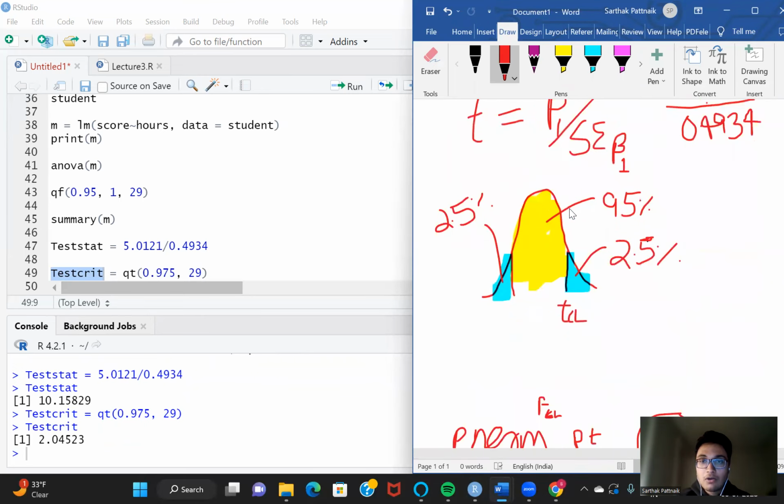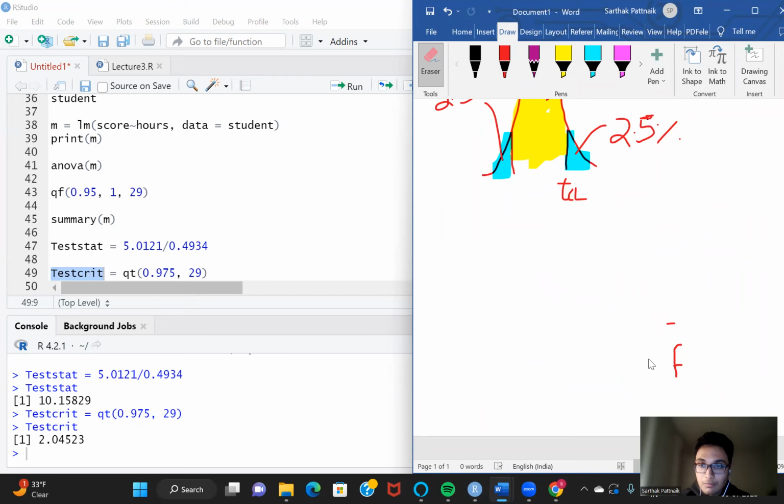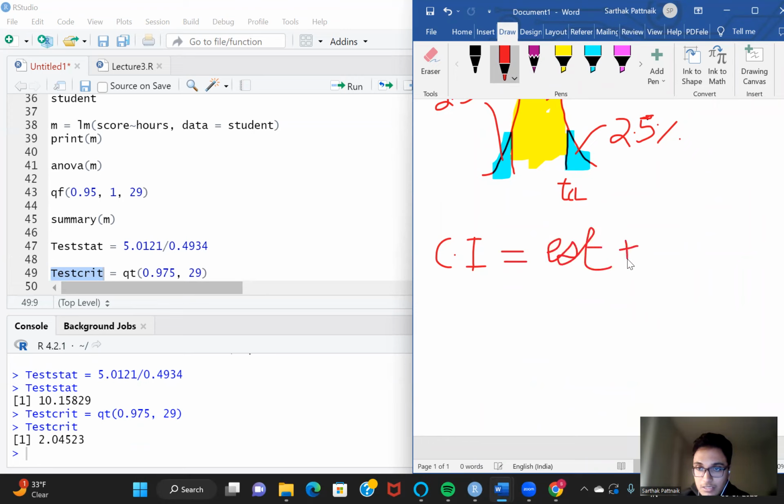Now we will also touch upon the confidence interval aspect and juxtapose that with our hypothesis testing. For the confidence interval aspect, I want to calculate the confidence interval for my population parameter or beta 1. As we studied beforehand, my confidence interval is equal to estimate plus minus t critical into standard error.